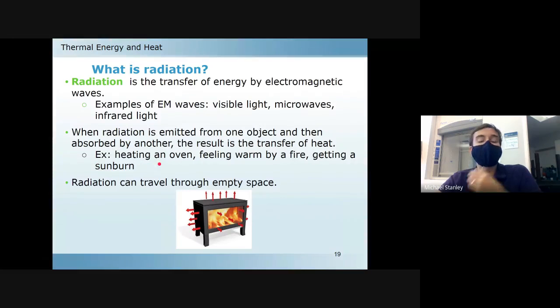For example, for most ovens, like your big standard oven that you have in your kitchen, you turn on the oven, set it to a certain temperature, and then either the gas burners or the electric burners in there will turn on and start warming up. There's not really a lot of air movement since it's one enclosed space, so you don't really have convection.